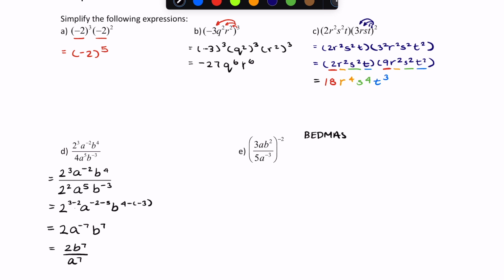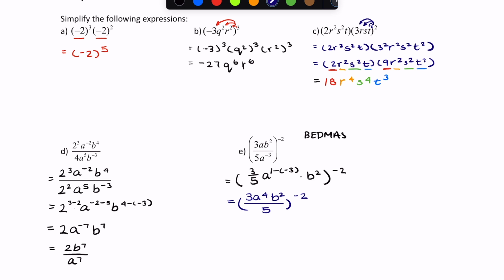So if we do brackets first, 3 over 5, and here we have a to the power of 1 minus negative 3, times b to the power of 2, and all to the power of negative 2. And so here it equals 3 a to the power of 4 times b to the power of 2 over 5, to the power of negative 2.